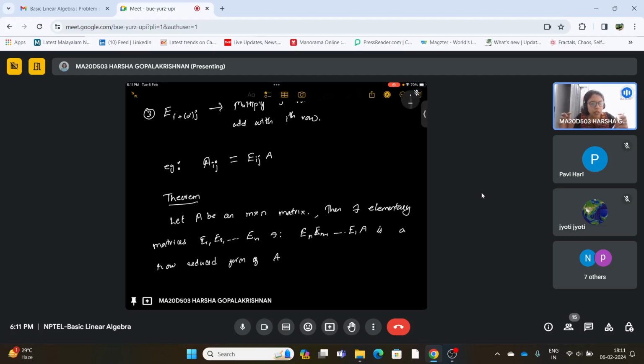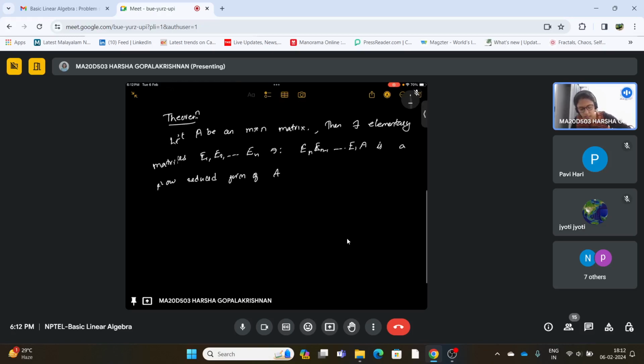So the row reduced form of A can be obtained by pre-multiplying with a set of elementary matrices. That is what this theorem says.